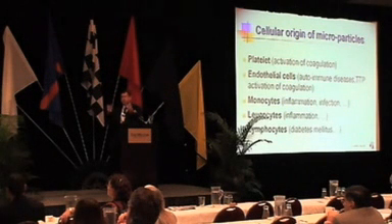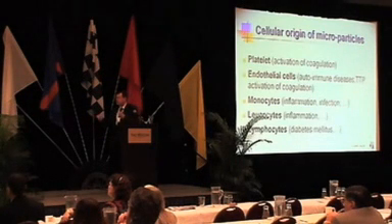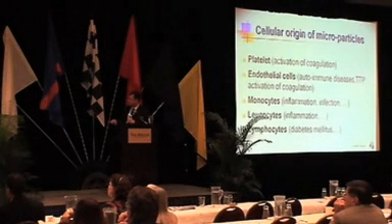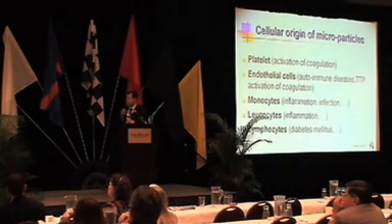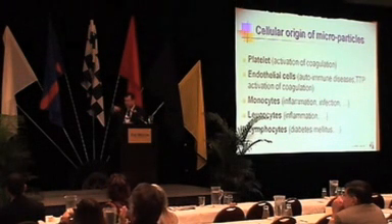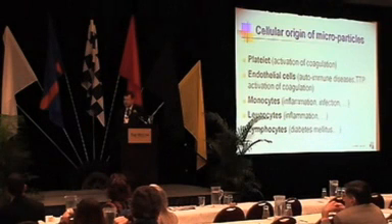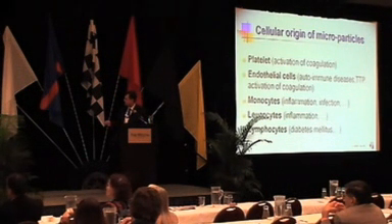Tissue factor can be synthesized in platelets, and this can be one of the major initiators of blood coagulation in vivo. And probably, if I make a link with Professor Mann's presentation, this is the additional supply of tissue factor and phospholipids, which can help amplification of coagulation reactions.